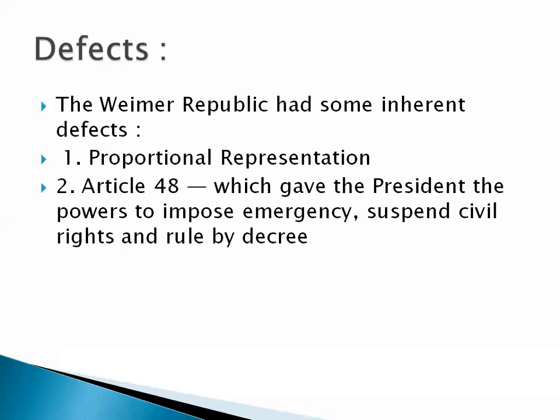So all these crises taking place in Germany in the political and economic fields led people to lose trust in democracy and the parliamentary system. People now believed someone should come and bring them out of all this crisis, all this suffering.